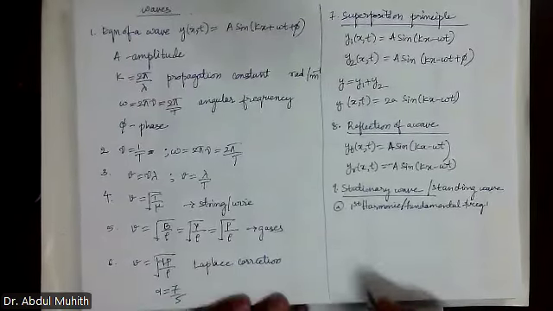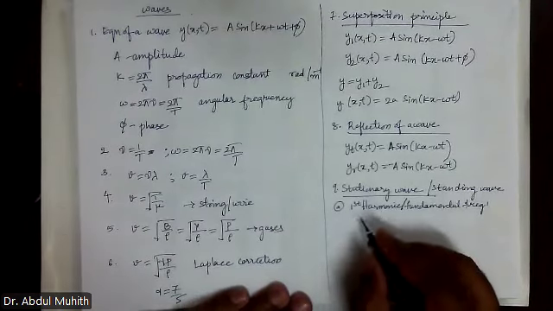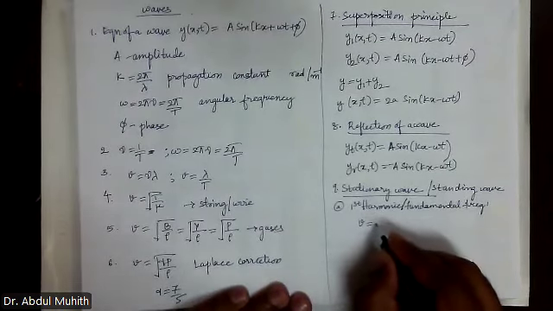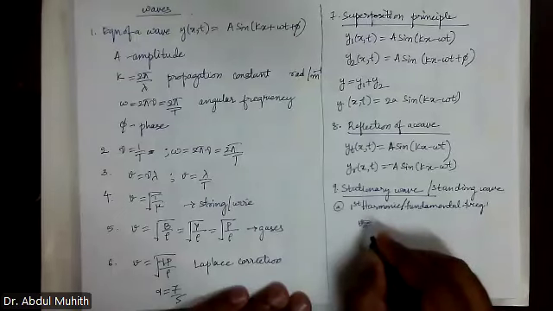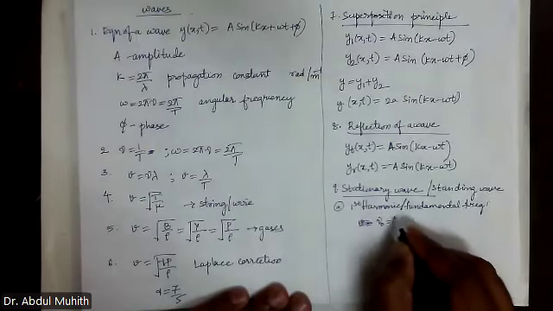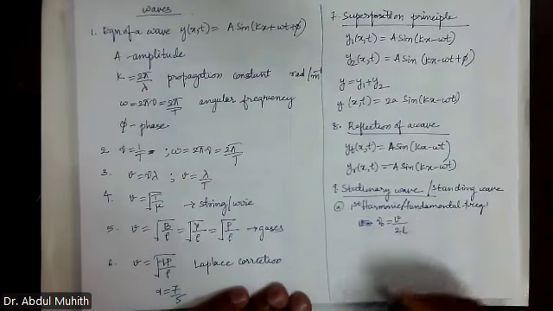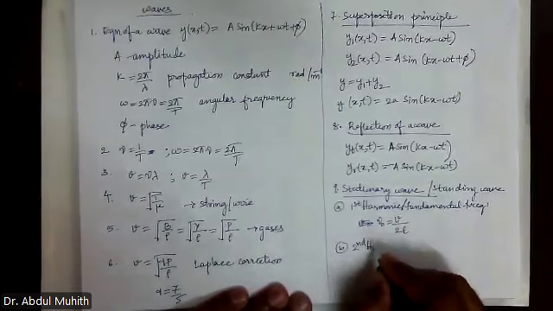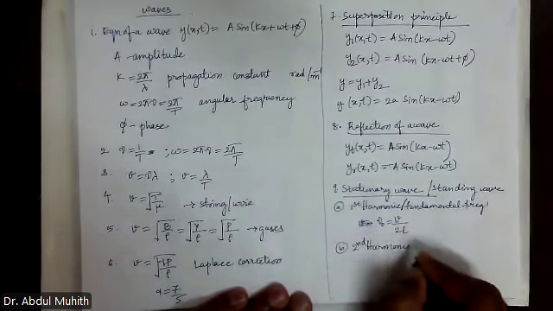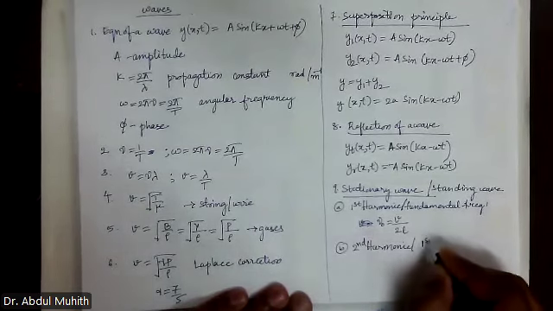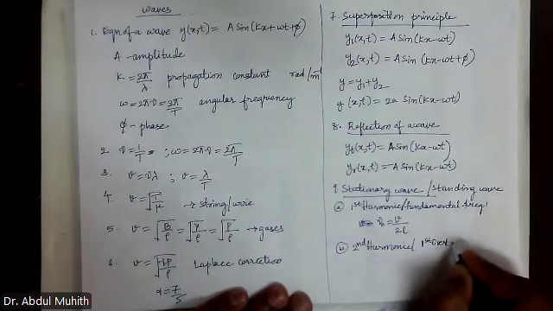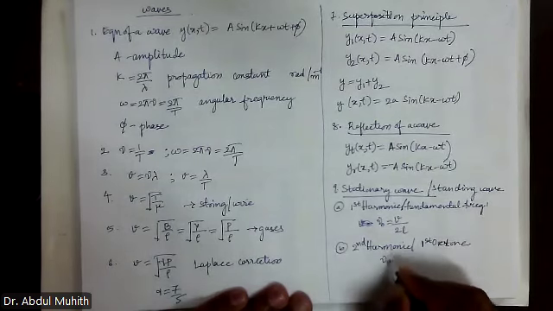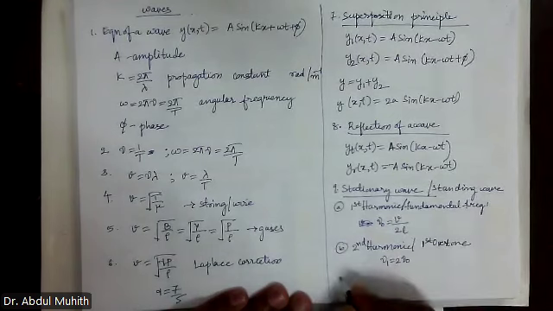Okay. In that, we have the first formula: nu 0 equal to V by 2L. Second one is second harmonic or first overtone: nu 1 is equal to 2 times nu 0.